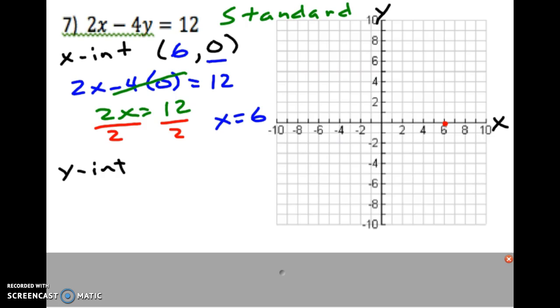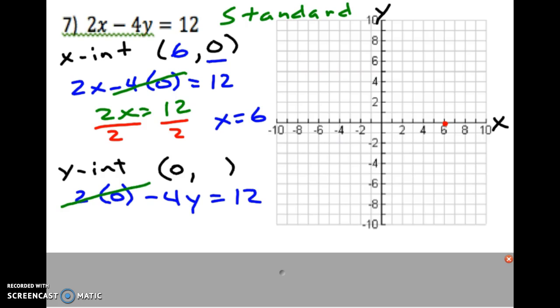For the y-intercept, we do it similarly, except this time we know the x value has to be 0. So if we plug 0 into the equation for the x, we get 2 times 0 minus 4y equals 12. Once again, 2 times 0 is 0, so that part cancels out, leaving us negative 4y equals 12.